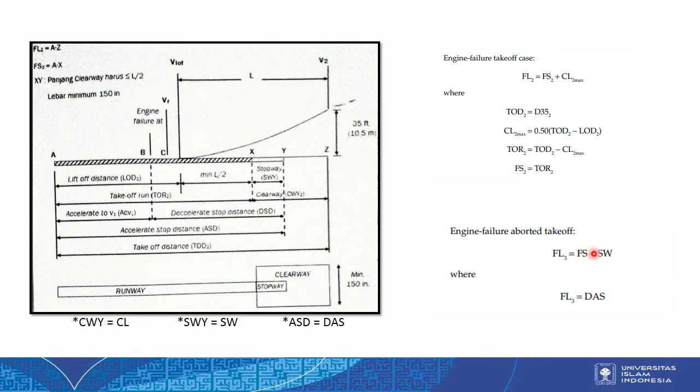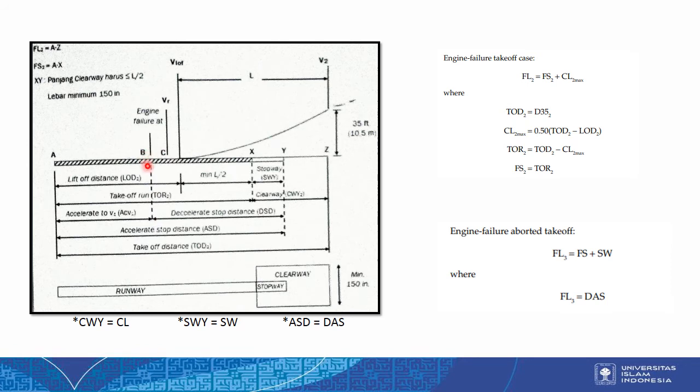Then this is the vertical alignment. This is the runway, and we have the lift off distance here and the takeoff run from here to here, and this is the engine failure at V1.